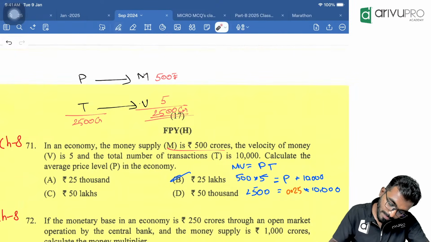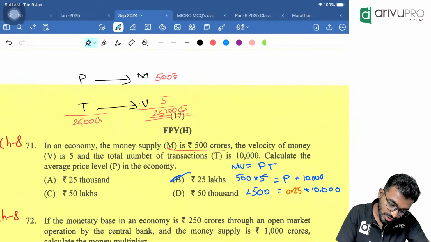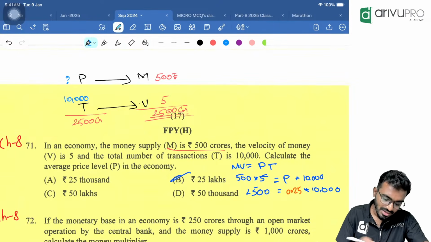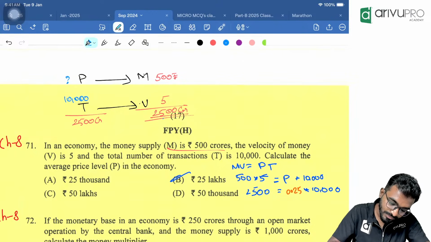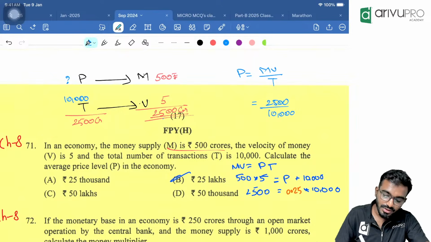So see there, the total number of transactions is 10,000. So they have given this total number of transactions, 10,000. Now they are asking us to identify the price level. Very simple logic it is. 2500, we already know this, that is MV. So price level will be MV divided by T. That means 2500 divided by 10,000.